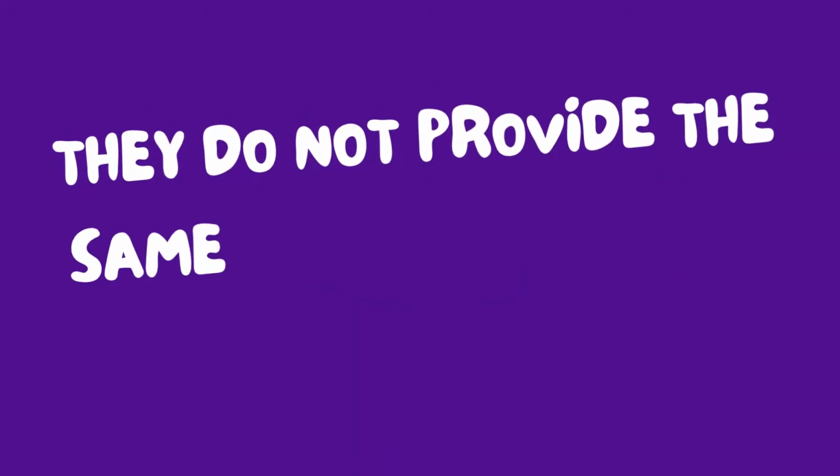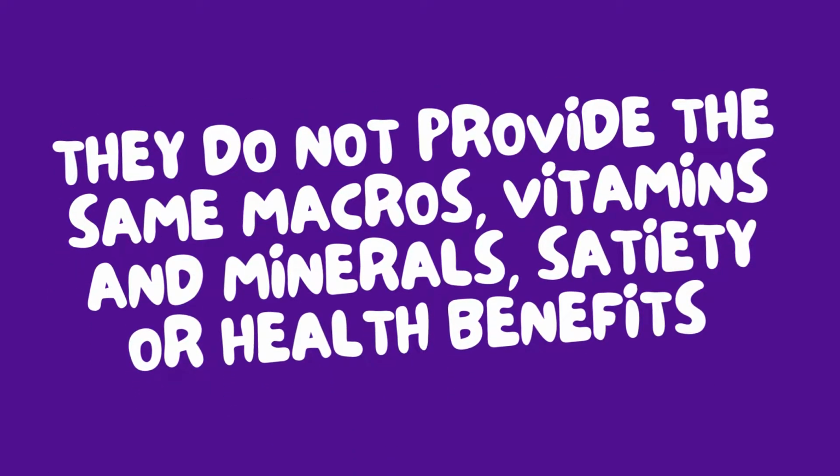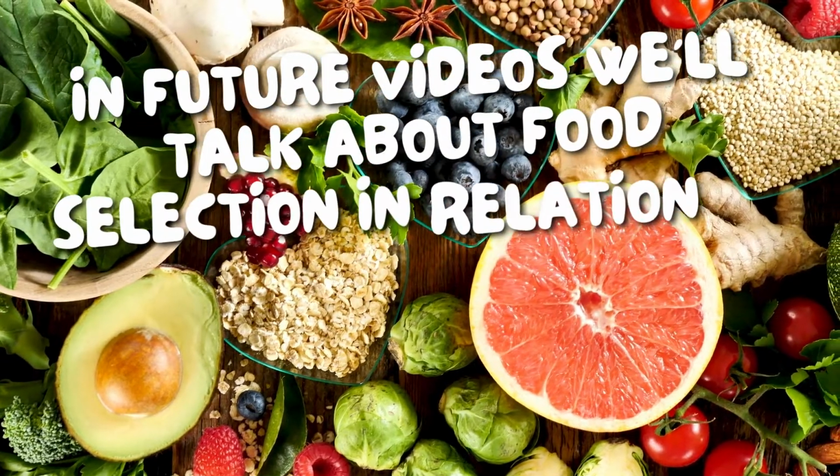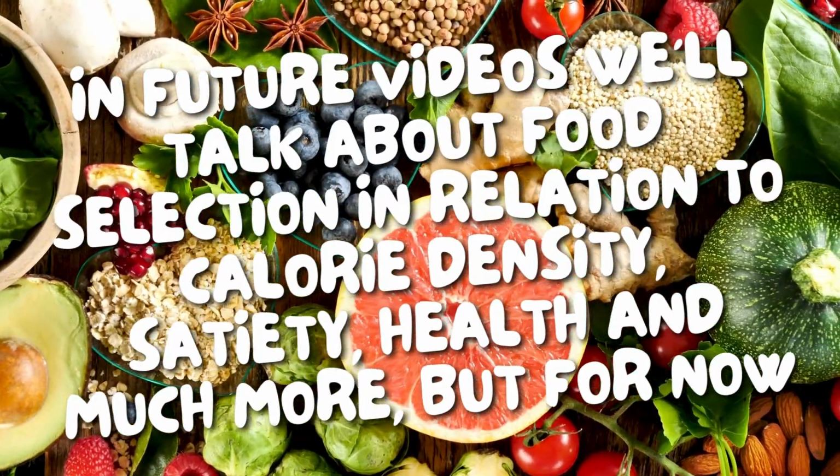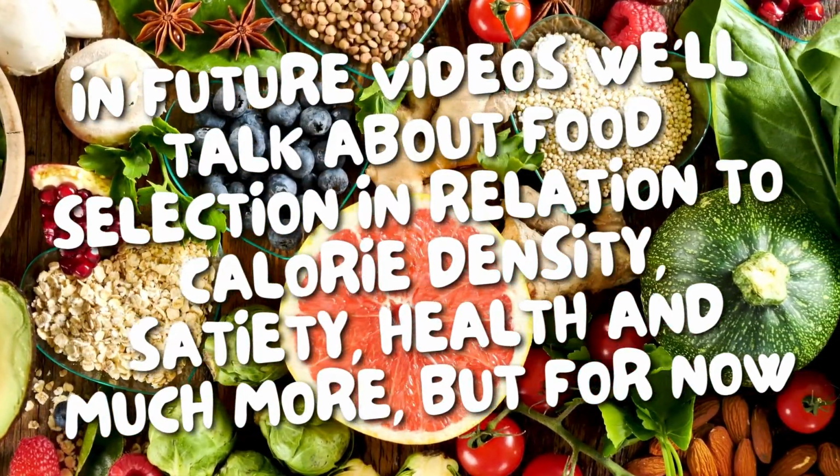However, they don't provide the same amount of macros, vitamins or minerals, fullness levels, which we also call satiety, or health benefits. In future videos, we'll talk about food selection in relation to calorie density, satiety, health, and much more.